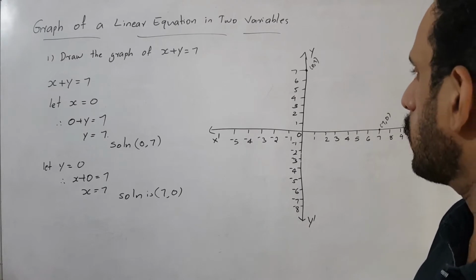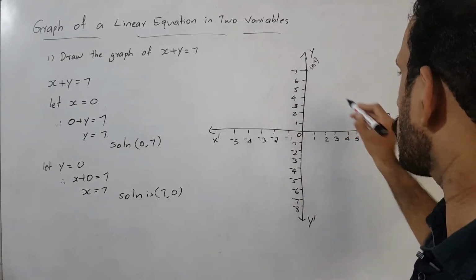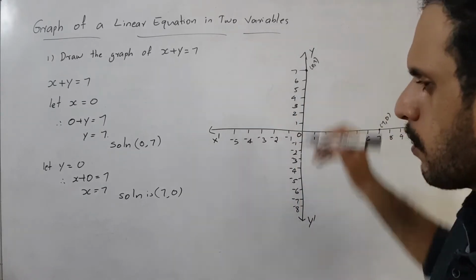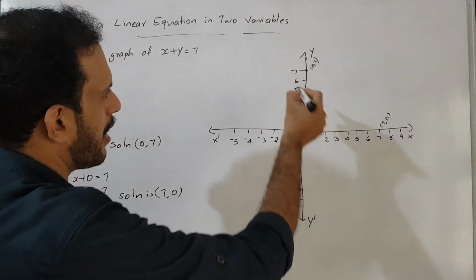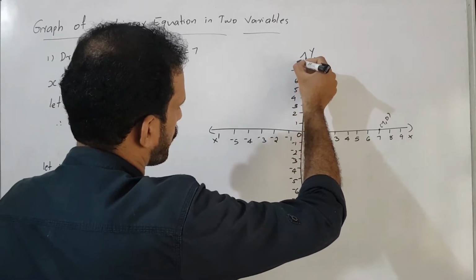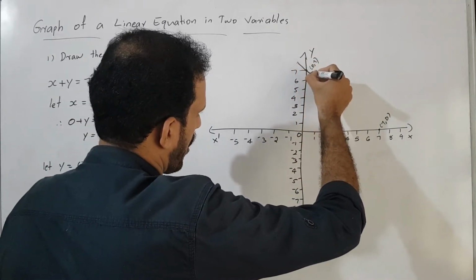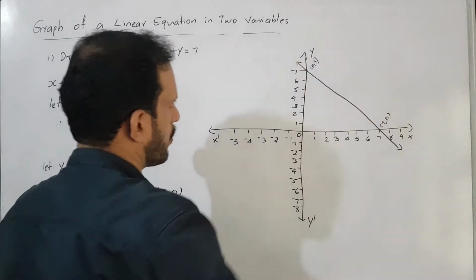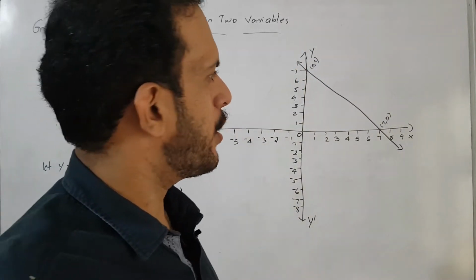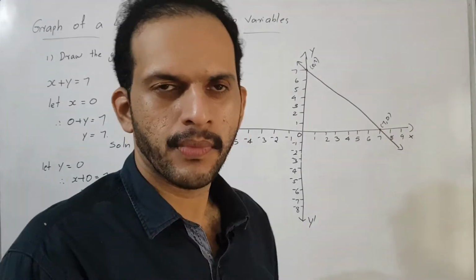Okay. After that, what is next? We just join the points. When joining, don't just join the points; extend the line beyond the points. We draw the line like this with an arrow mark on both sides. It doesn't end there, it is continuing; that is the symbol of the arrow mark. Clear?